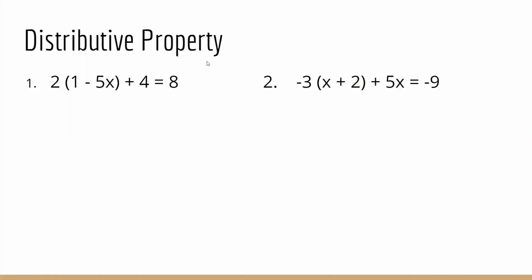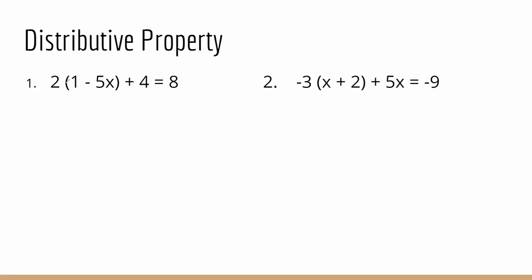Last thing we're going to talk about is the distributive property. For that distributive property, hopefully you remember it from 7th grade. But if you don't, what you're looking for is a couple of numbers in parentheses, like this 1 minus negative 5x here. And then you're looking for multiplication between a number on the outside and that parentheses set.